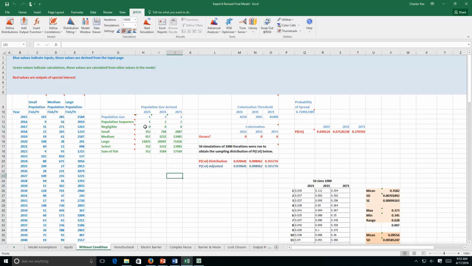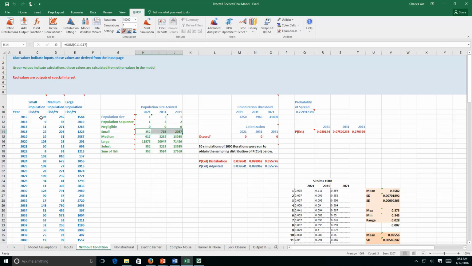The next thing that happens in this model is we count the number of fish. That takes place in these cells right here. If there's a negligible population of fish below the Brandon Road Lock and Dam, then no fish get through. That was a simple assumption made by the experts, and it's documented on the model assumptions page. Now let's take this small row here.